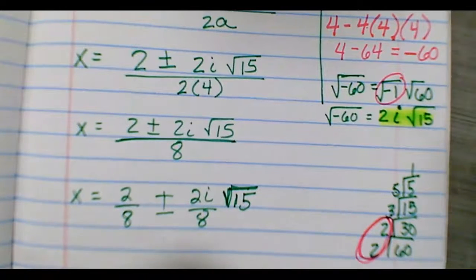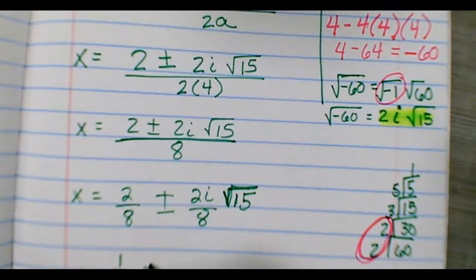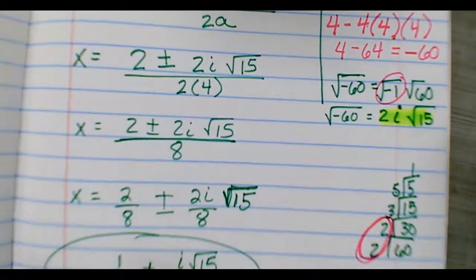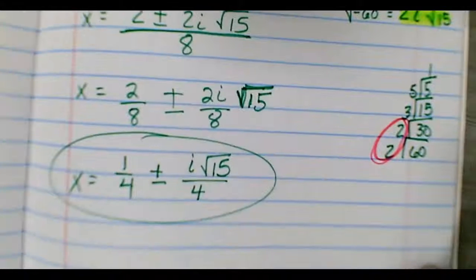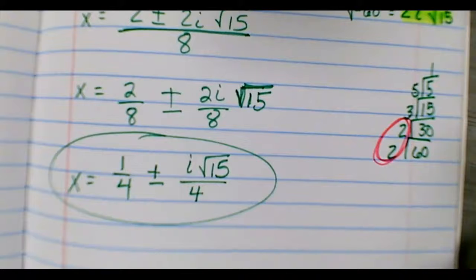What is the 2 over 8 reduced to? The 2 over 8 is 1/4, and the 2 over 8 is 1/4. We usually don't write the 1 in front of the i. And so that is the most simplified answer. Some of you are getting stuck on the simplifying part, and we need to continue to work on that.